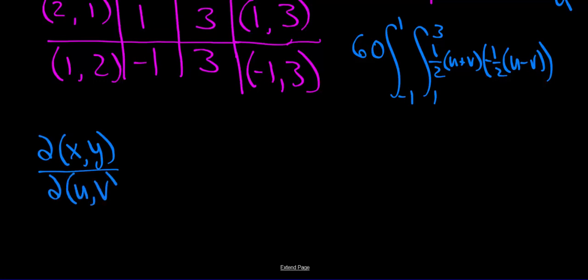It's an operator, but let me show you what this means. This is the Jacobian, and what you're going to use is the absolute value of it.